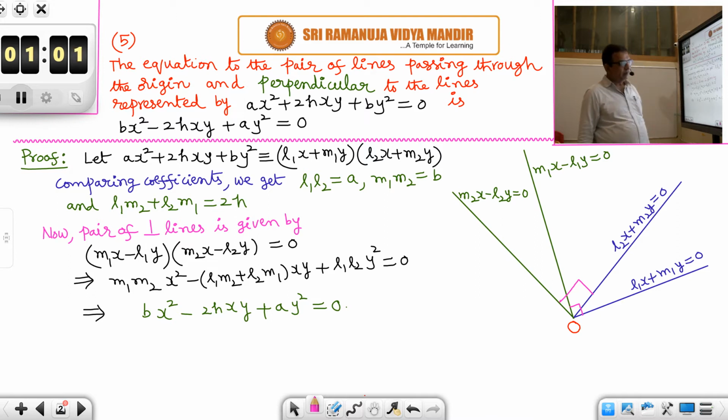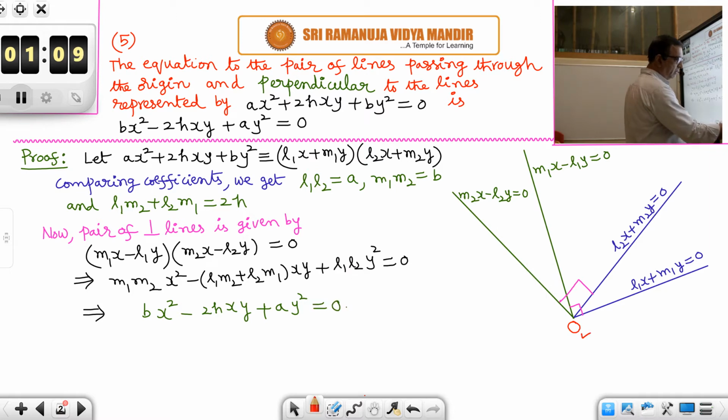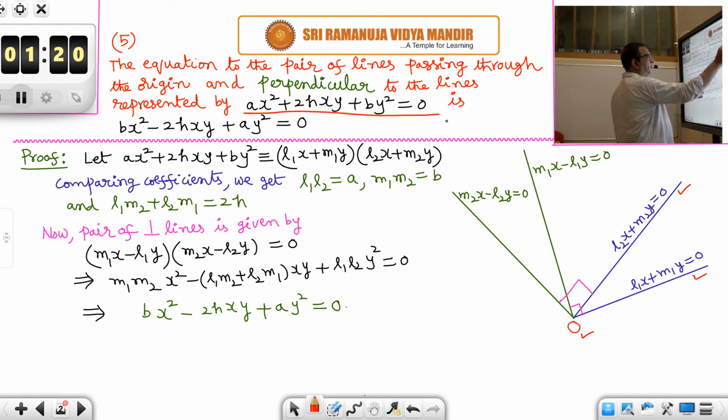See the diagram, the blue lines here. So this is the origin. The blue lines, this line and this line, are the original lines represented by the first equation, ax square plus 2hxy plus by square is equal to 0.